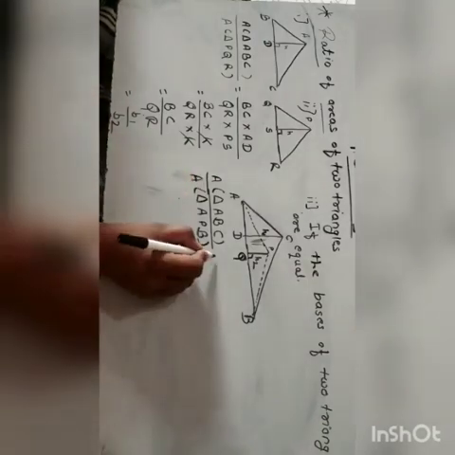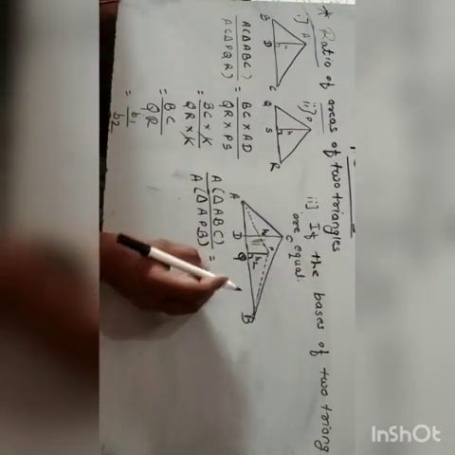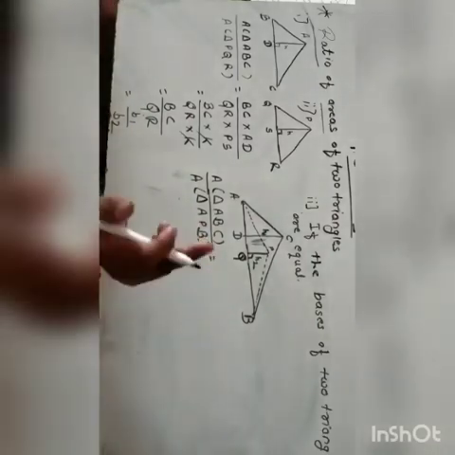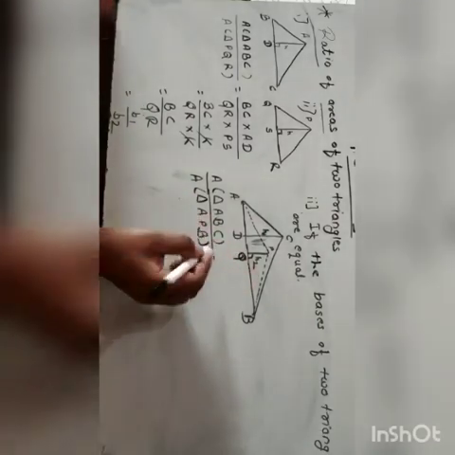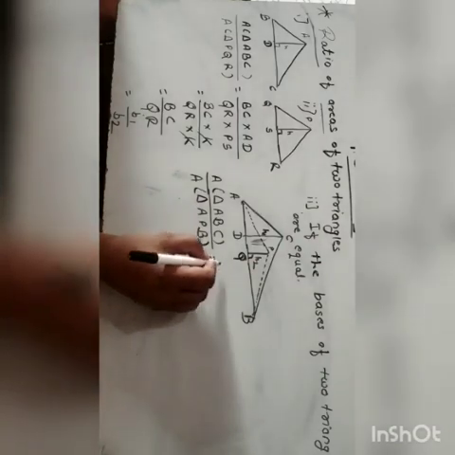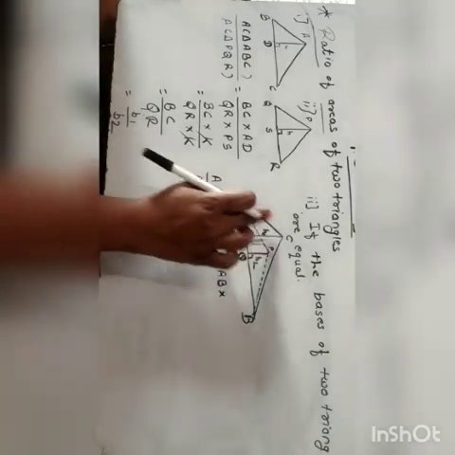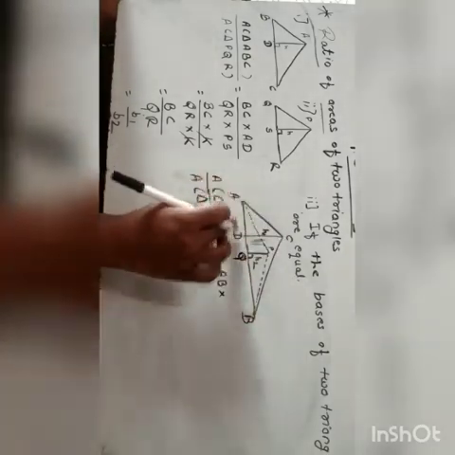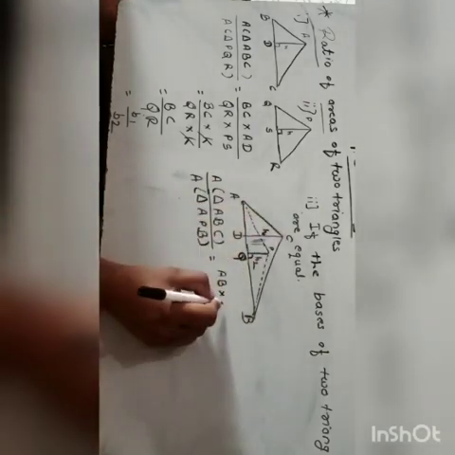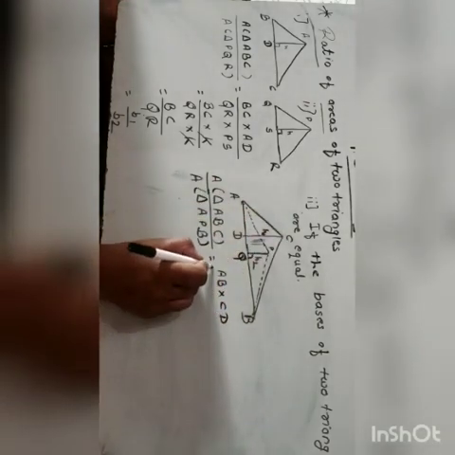So if we find the area of triangle ABC upon area of triangle APB, their bases are the same but heights are different. So what will we get here? AB into, as the base of triangle ABC is AB and its height is CD.